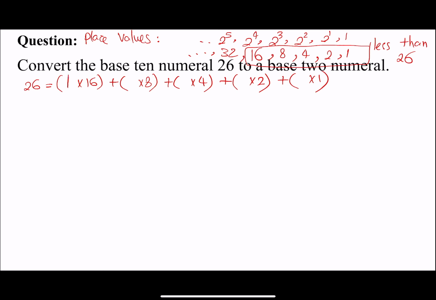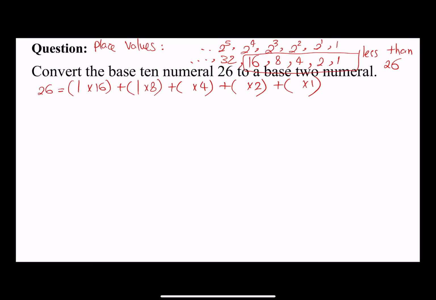How many more do I need to build up 26? 10. Okay, I need 10. Well, how many groups of 8 then? One group of 8, right? So I needed 10. Now I have built up 8. I need 2 more, right? So you tell me then, how many groups of 4?